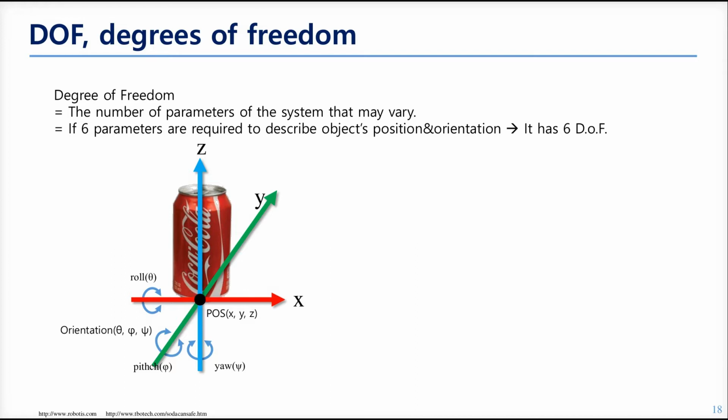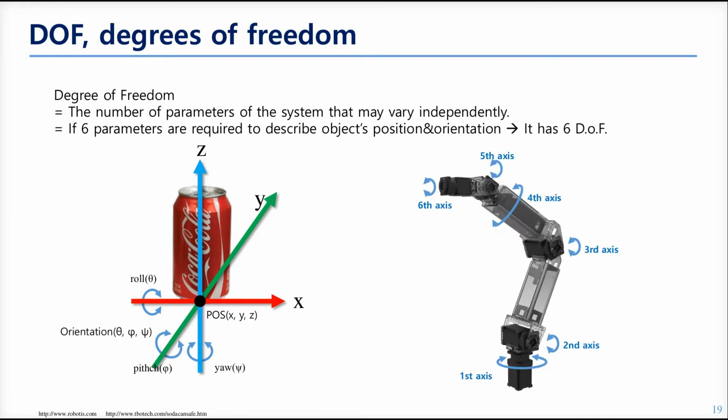Now the object in this example can be posed freely in all positions and orientations, so it has 6 degrees of freedom. And the manipulator shown on the right side has 6 joints, and every joint has 1 degree of freedom. So the manipulator has 6 degrees of freedom in total.